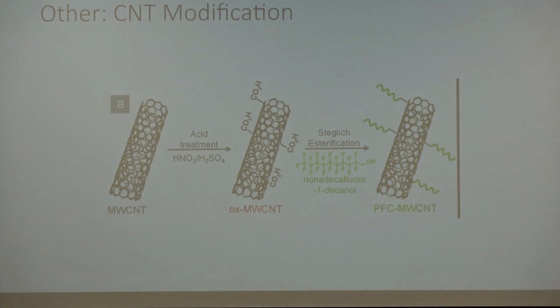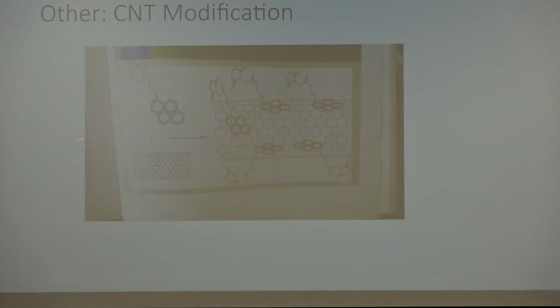So one approach is to go in and break carbon-carbon bonds using strong acid and heat, and then you can put in some kind of reactive group. But by far the more common approach is to take something that's equally hydrophobic that is linked to a hydrophilic end and put it in water and sonicate it.